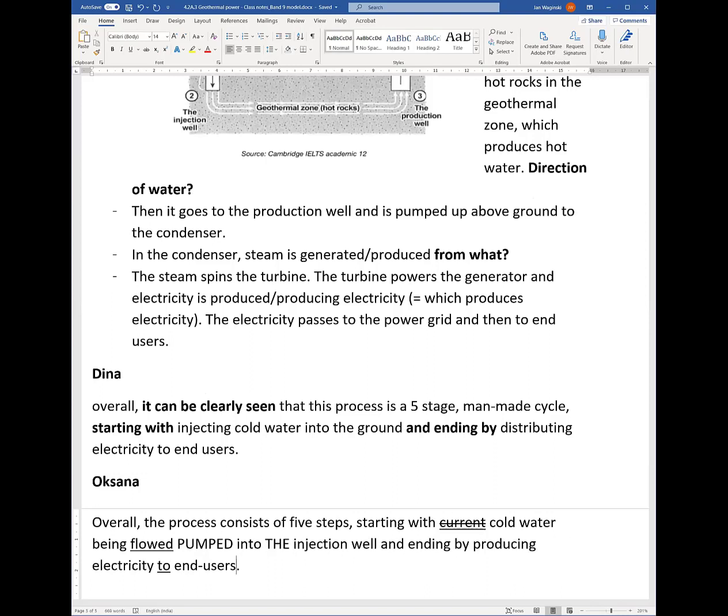Electricity. You produce something for someone. Hey, I made these cookies for you. I baked this cake for you.